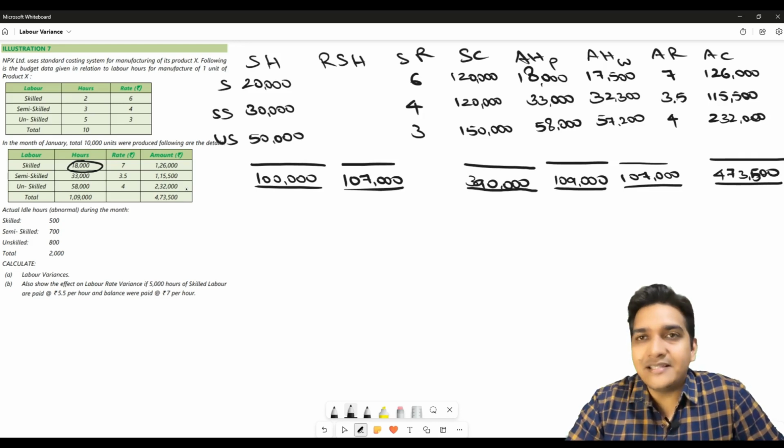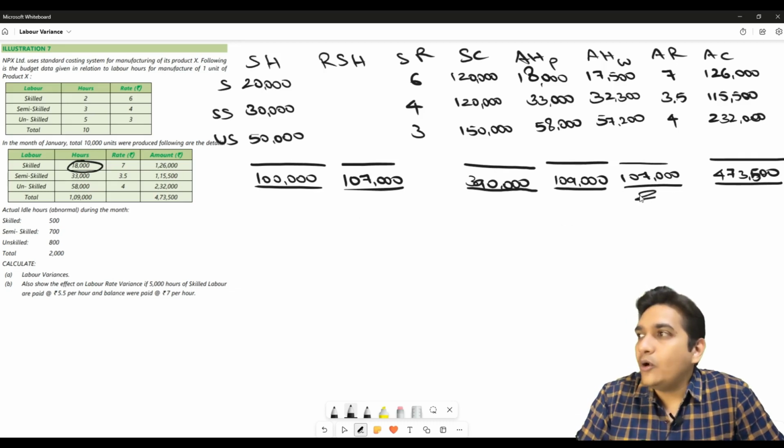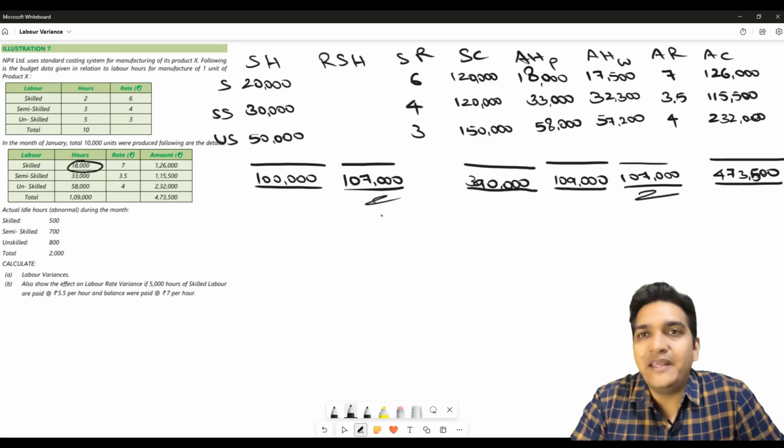Now revised standard hours, as I had already told you in material variances, means if my actual hours were equal to my standard hours, then what should have been the ratio of the labors?